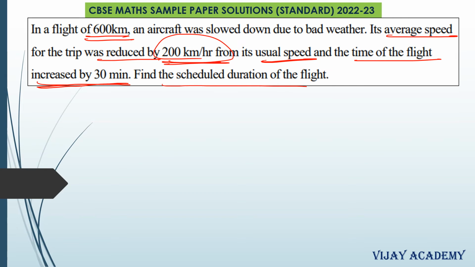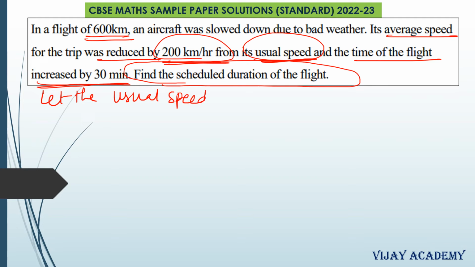Since we need to find the scheduled duration of the flight, we need to find out the usual speed first. If we find the usual speed and divide the distance by the usual speed, we get the duration of the flight. So let the usual speed be x kilometer per hour.